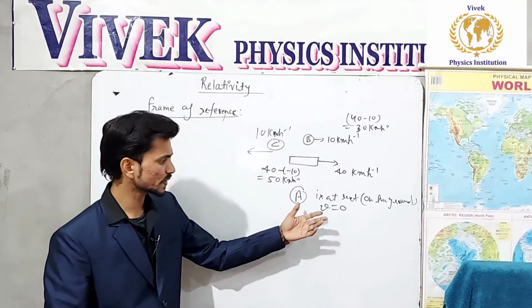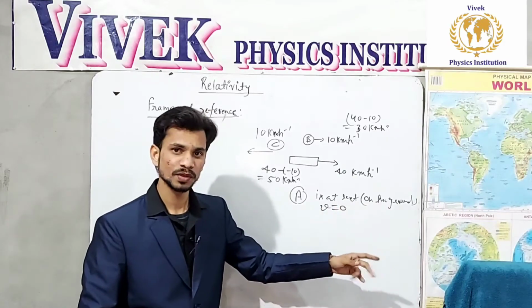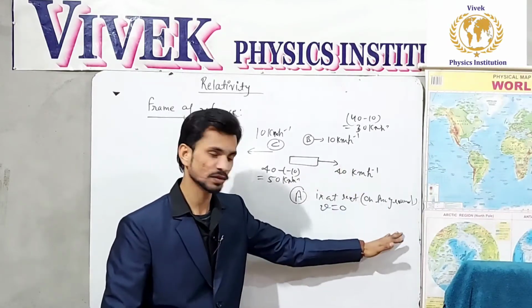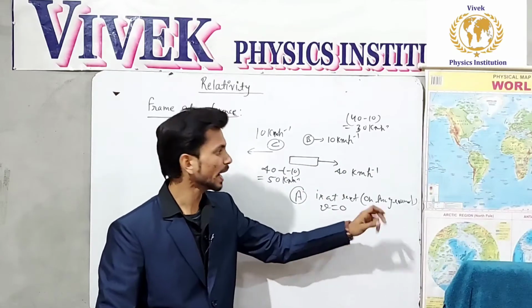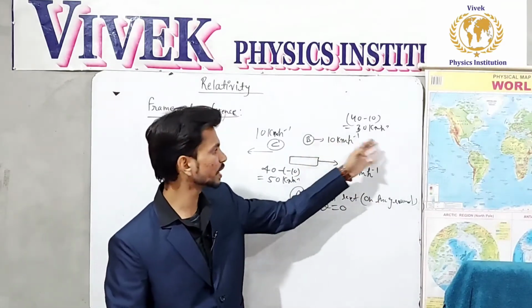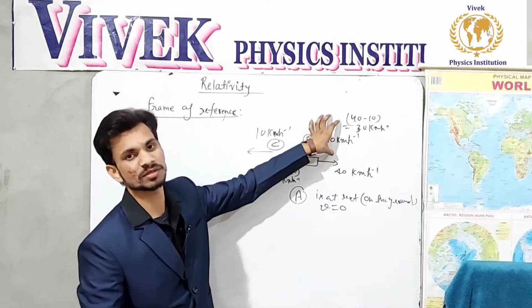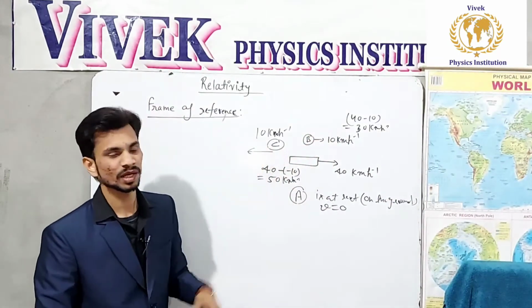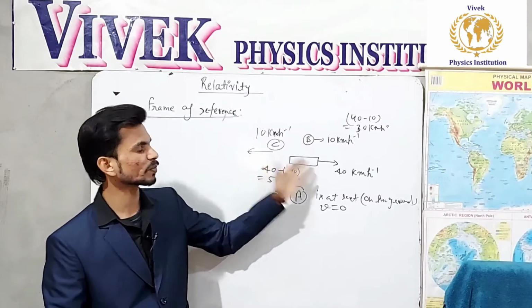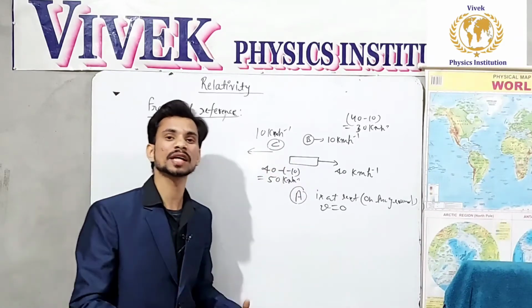This person is standing on the earth, so this is a kind of system. And this person is moving in the direction of the train, so this is another system, and the person having the velocity 10 km/h in the opposite direction of the train has some other system.